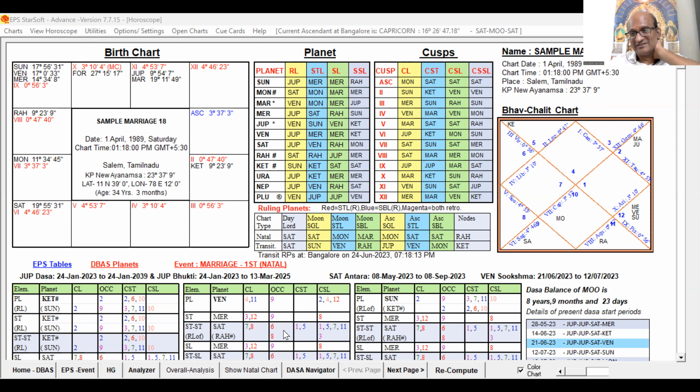No problem. In EPS, each planet's cuspal sublord signification also plays an important role in the timing of the event. So I will tell about that.